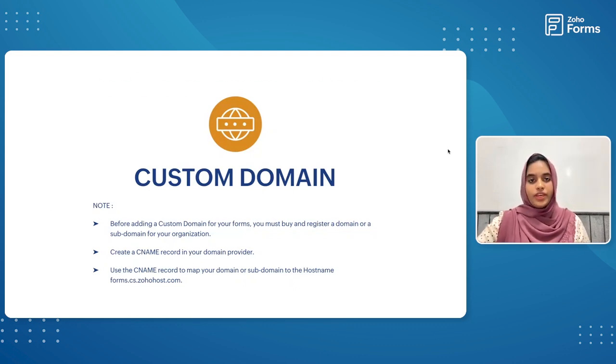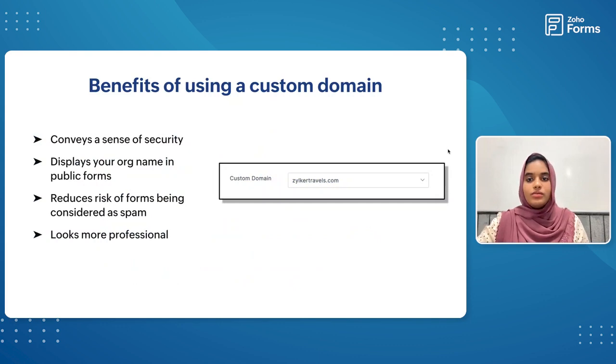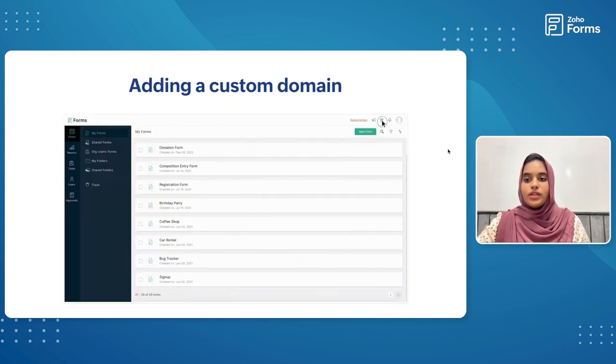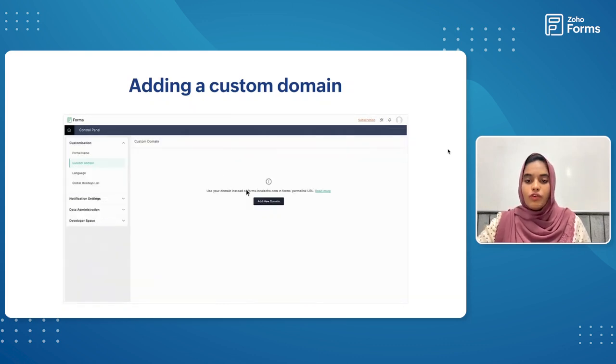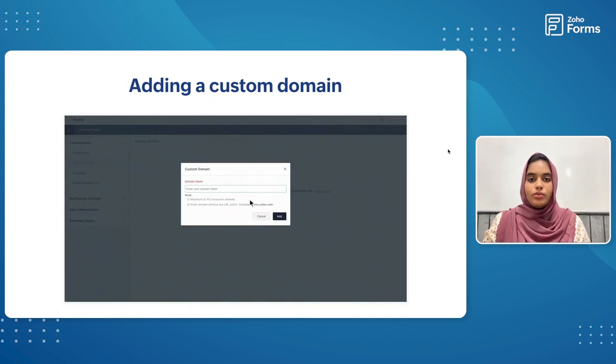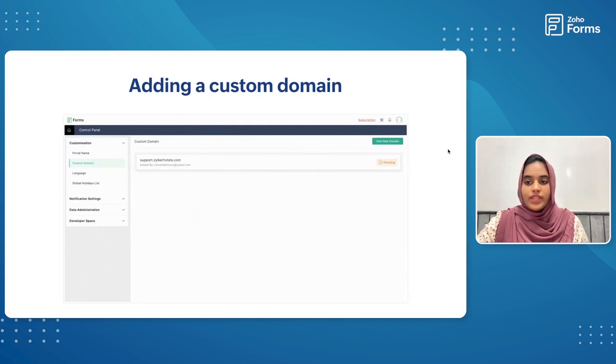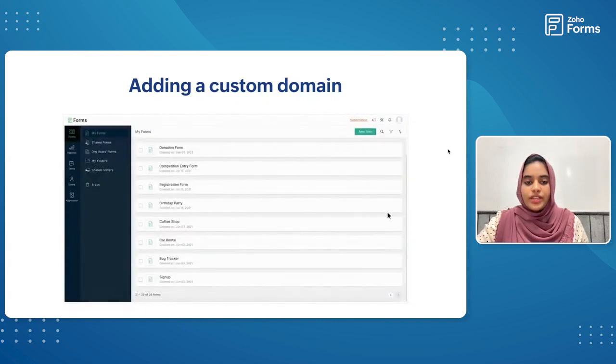So now we'll jump right into how you can add a custom domain in the control panel of your Zoho Forms account. You need to log into your Zoho Forms account with super admin access. You need to access the control panel, which is the icon on the top right hand corner.